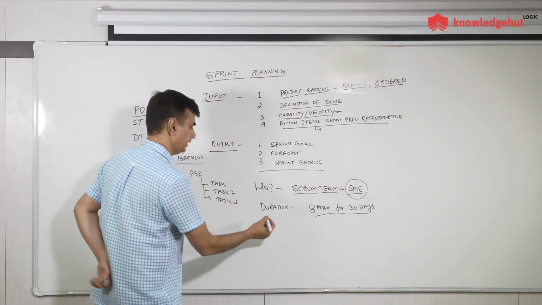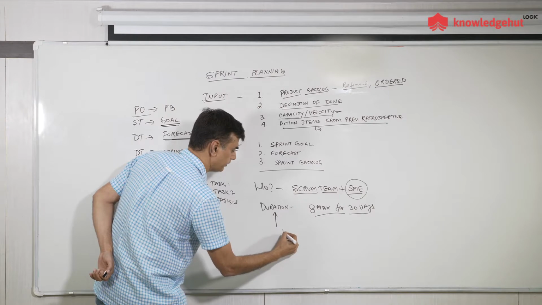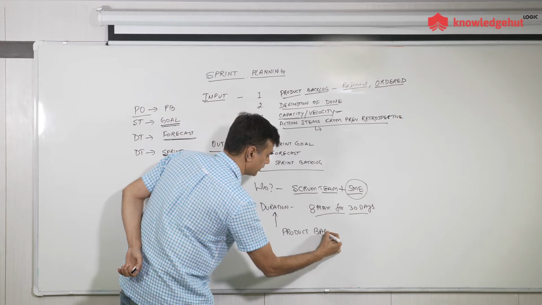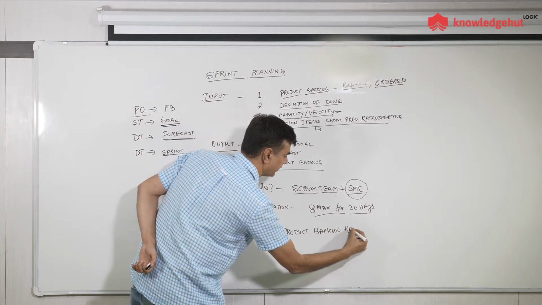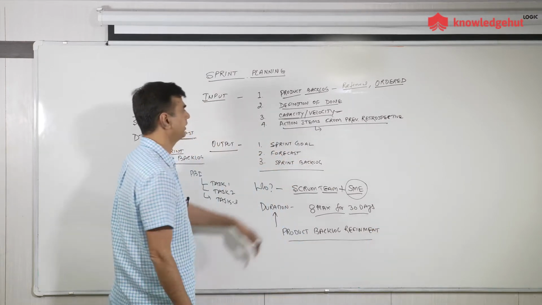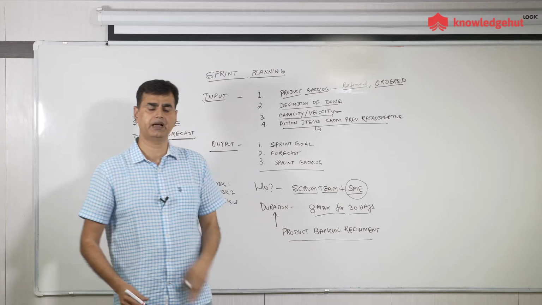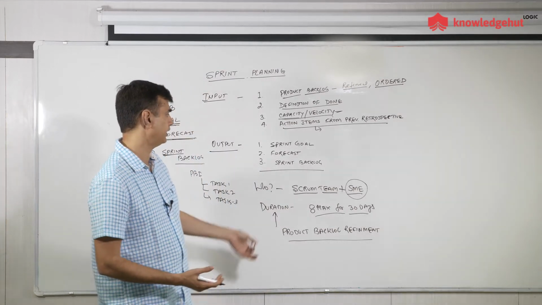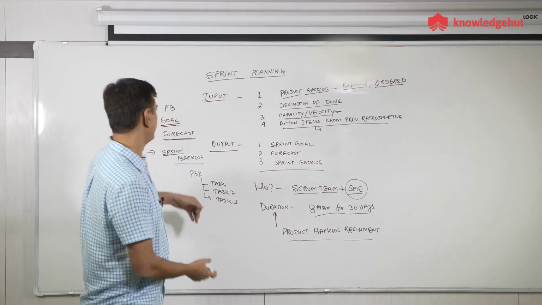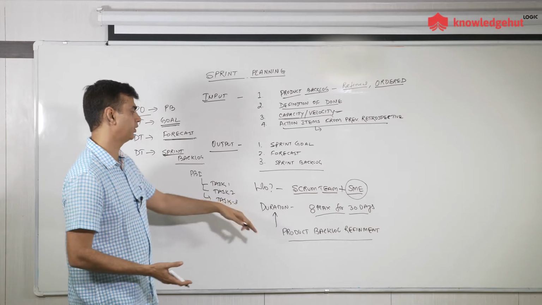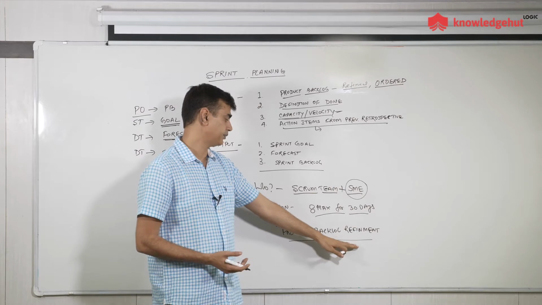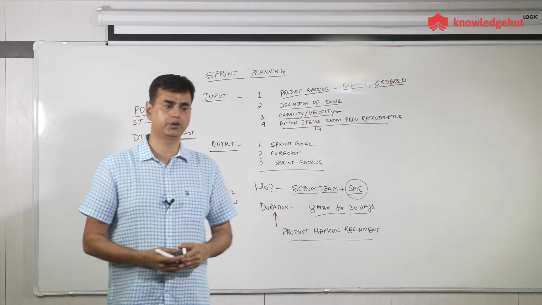This is also impacted by how well you have done product backlog refinement, because refinement helps us produce a refined product backlog. When you say refined product backlog, we expect that the team already understands what kind of work they are going to do in upcoming sprints. So you don't need to discuss too much during sprint planning, because those discussions have already taken place during refinement. If it has been done properly, your duration may be much less going forward.